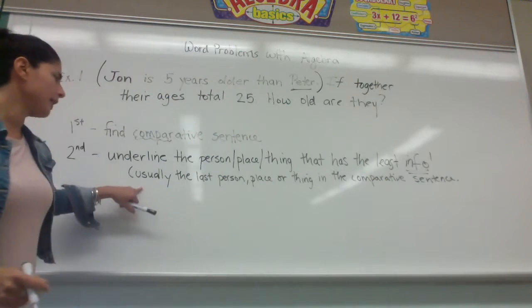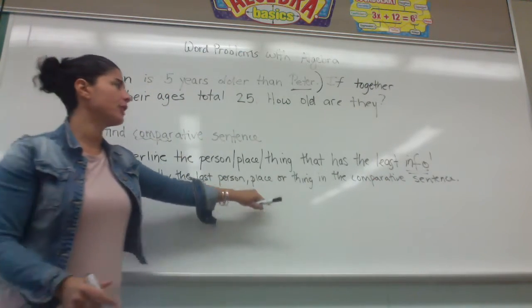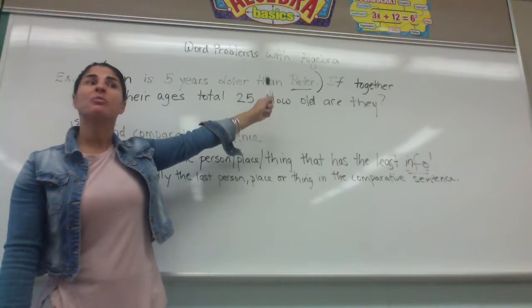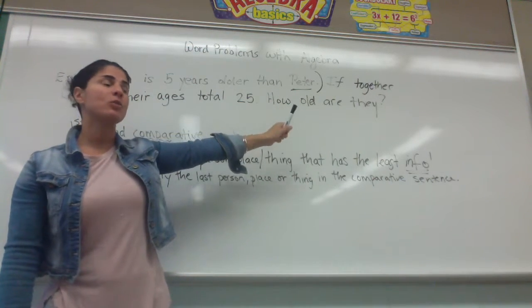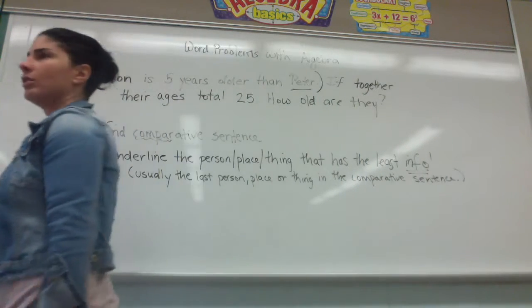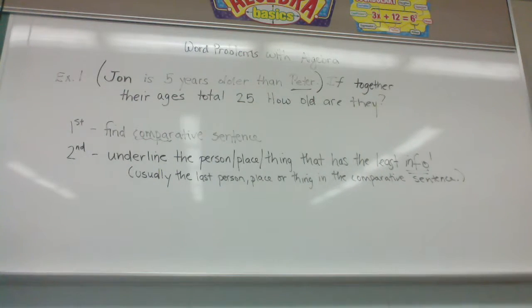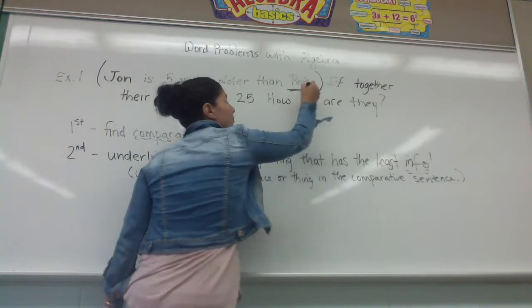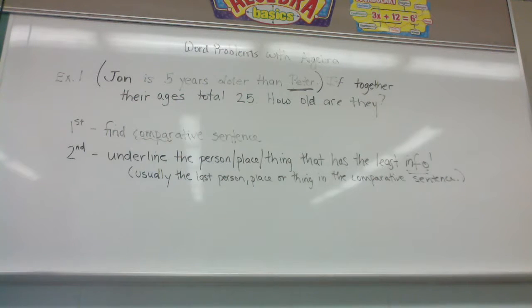Look, the last thing we talk about is Peter's age. He's the last one. And once we underline Peter's age, it now becomes X, the unknown.